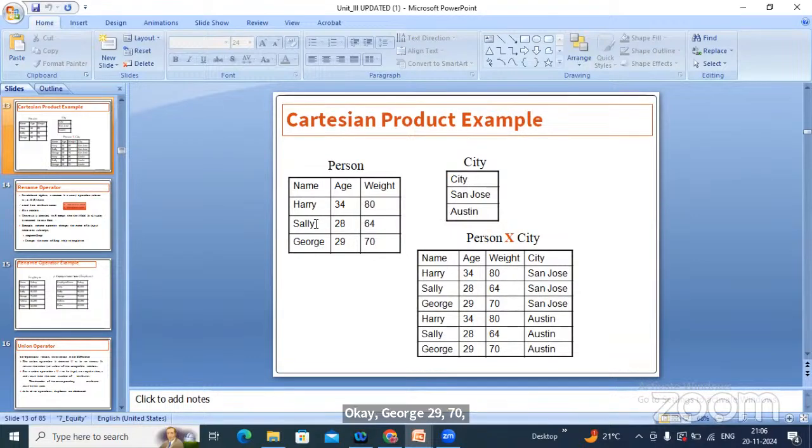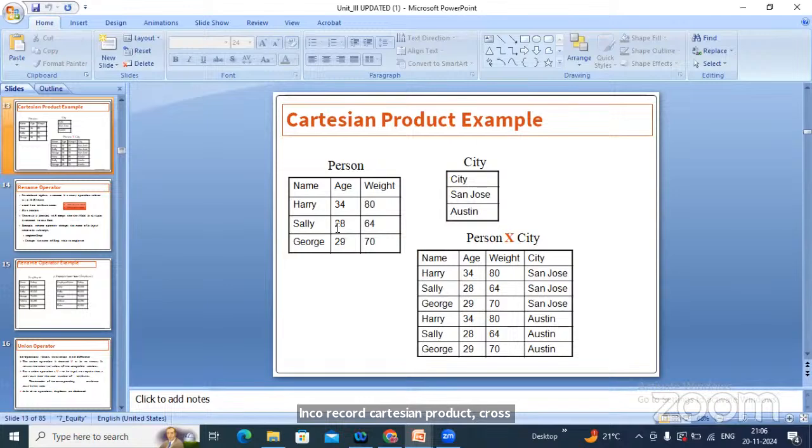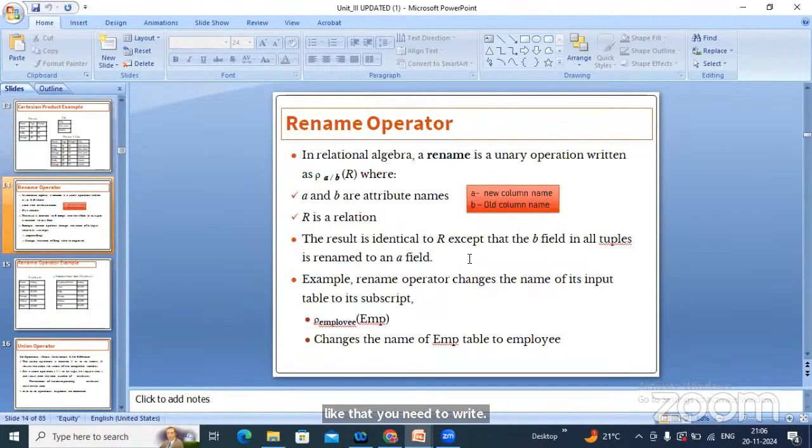Each complete record is combined with every other record, cross multiplication. Next, Sally 2864 San Jose. George 2970 San Jose. Like that you need to write. Okay, Cartesian product.